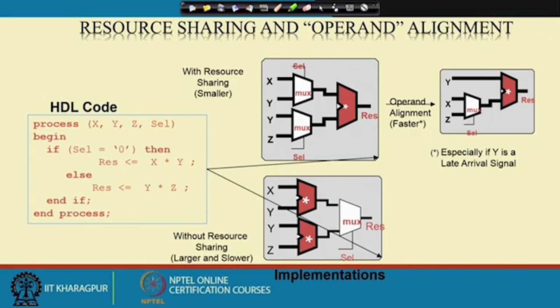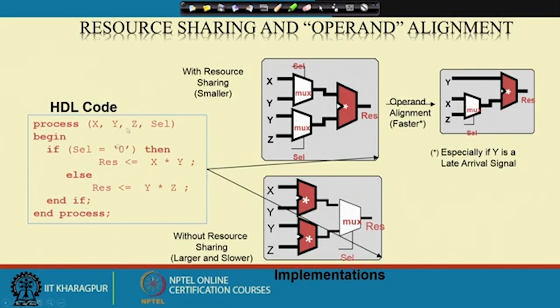Suppose I have an algorithm like this: process x, y, z, select. If the select signal is 0, the output will be x star y, that is x multiplied with y, else y will be multiplied with z and that goes to the output.